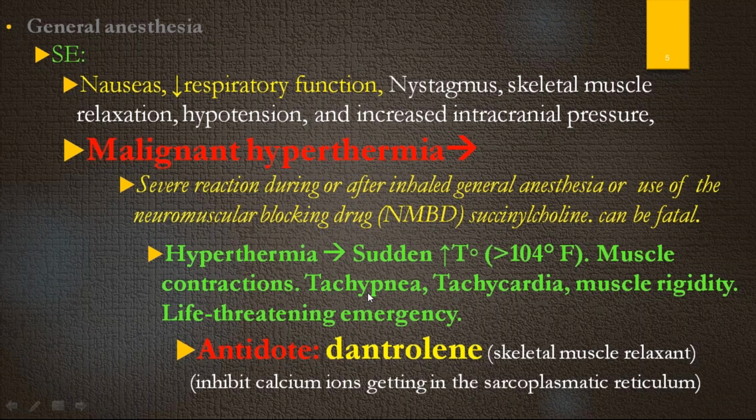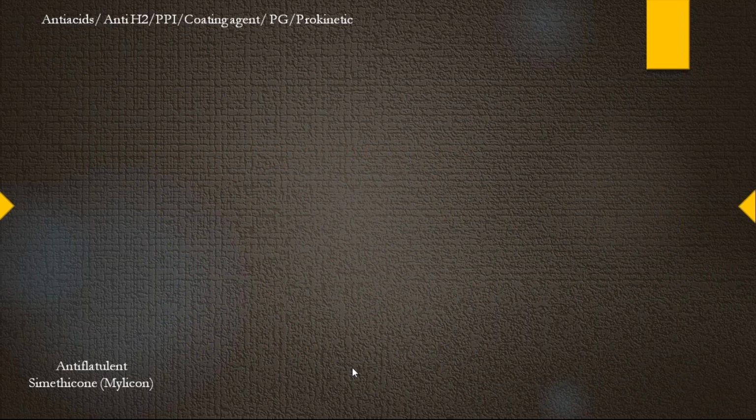Remember, every time the temperature goes up 1 Celsius, not Fahrenheit, your pulse increases by 10 pulses per minute. So you have tachycardia. So what is the antidote? It is dantrolene. All right.